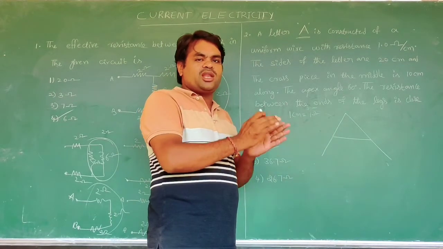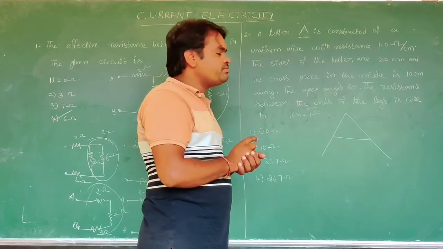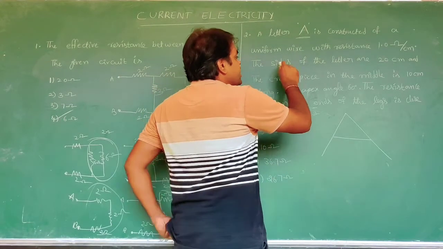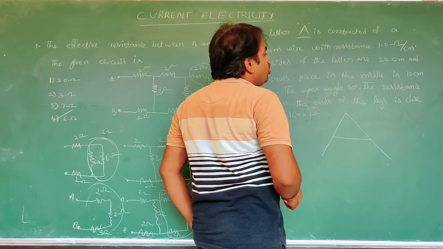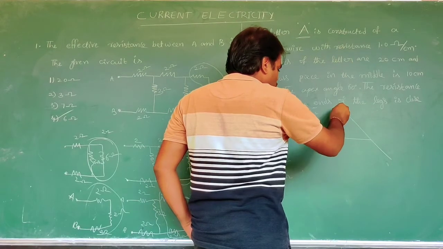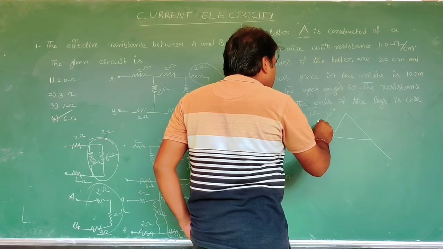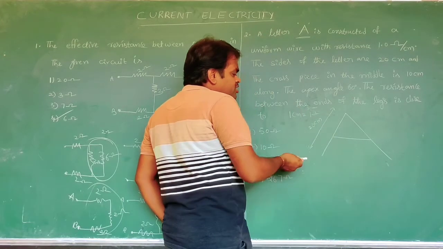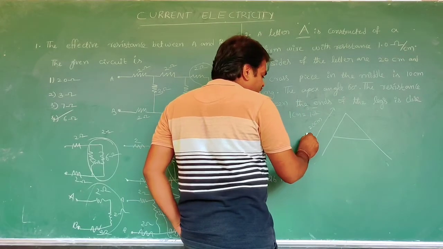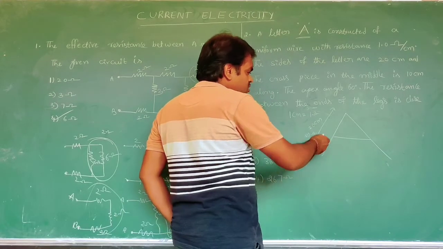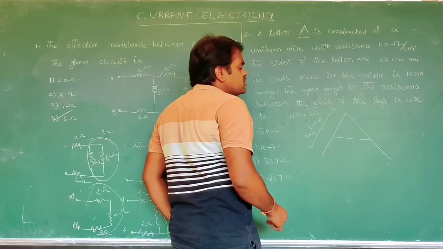Now the sides of the letter are 20 centimeter. 20 centimeter means simply 20 ohms. This is totally 20 ohms.